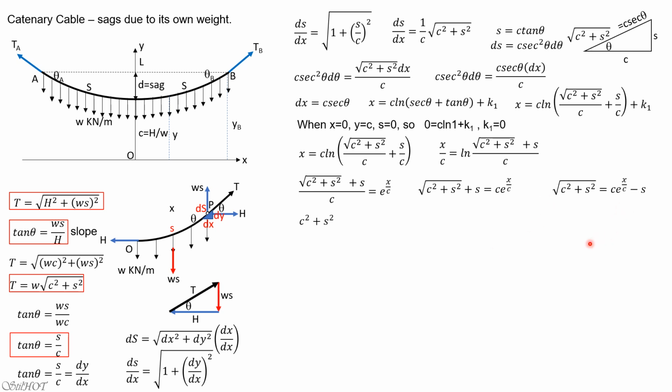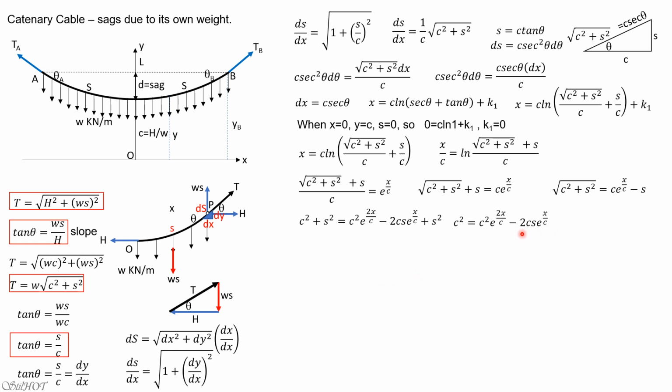Square both sides. So we have c squared plus s squared equals c squared e to the 2x over c minus 2cs e to the x over c plus s squared. So we can cancel out s squared. So write it as c squared equals c squared e to the 2x over c minus 2cs e to the x over c.